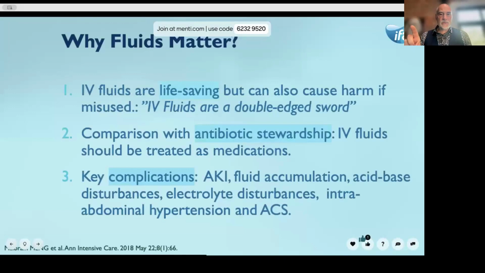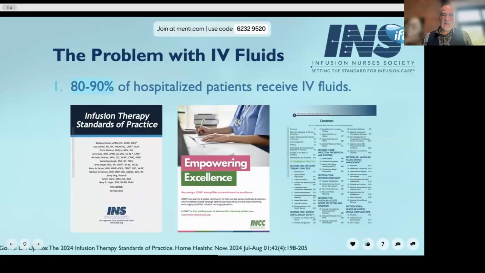So today we're going to talk about fluids, why they matter, because they can be life-saving. And we should think fluid stewardship because they have indications and contraindications and complications like organ failure and electrolyte and acid-base imbalances.